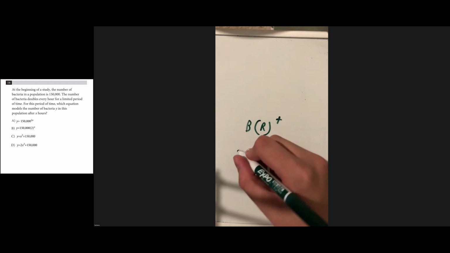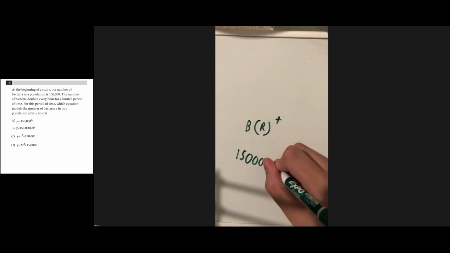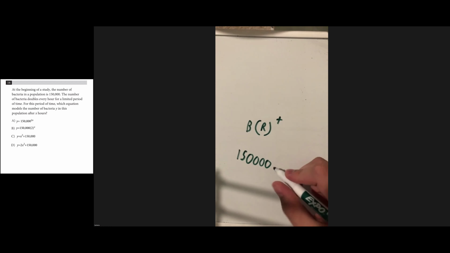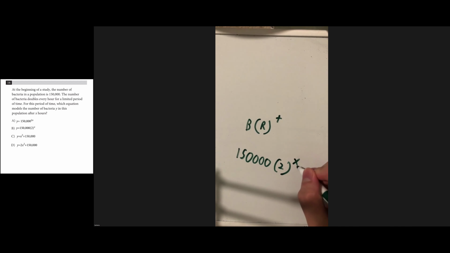And so the base value is 150,000. We're told that the number of bacteria doubles every hour for a limited period of time. So the rate is 2. And the time is x, because they used x instead of t. And so the correct answer here would be B.